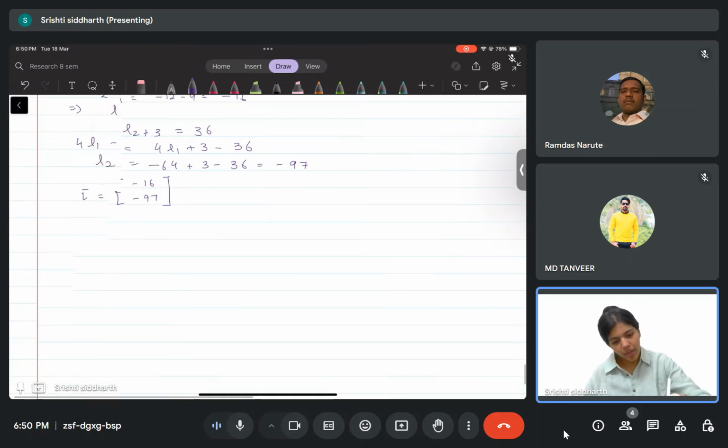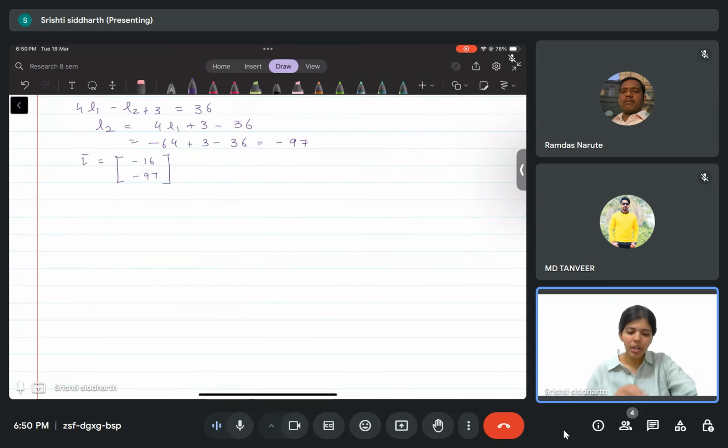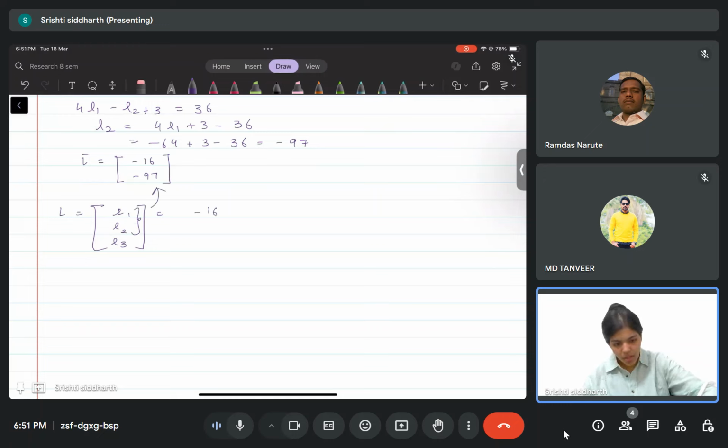You should note that we have computed the gain matrix for the second order system A0, C0, and what we need is L equals L1, L2, L3 for the original third order system. So let's say that these came from here. This is minus 16, minus 97. And now we have to assume some value of L3. So let's assume that this is 0.